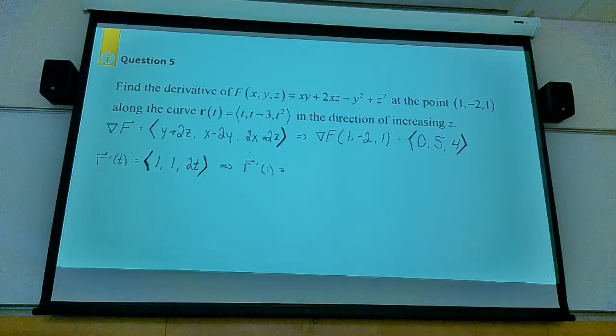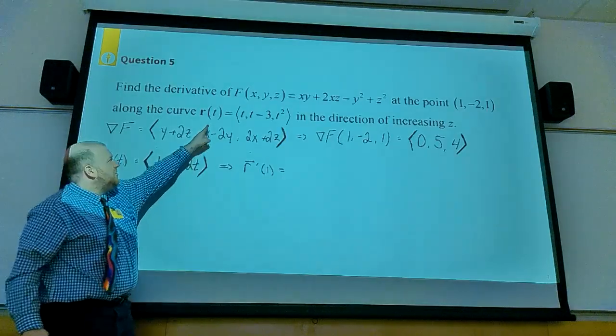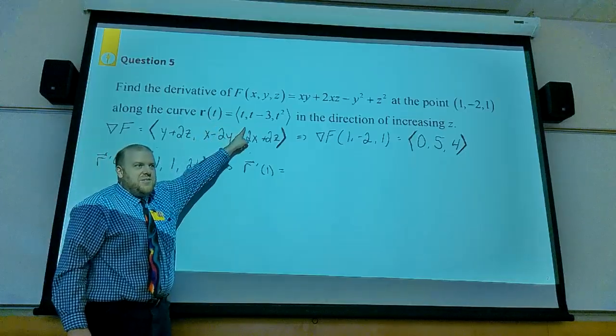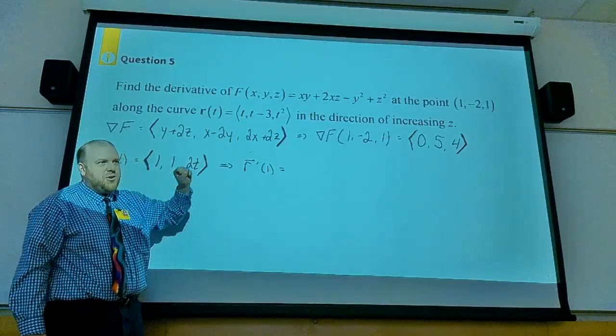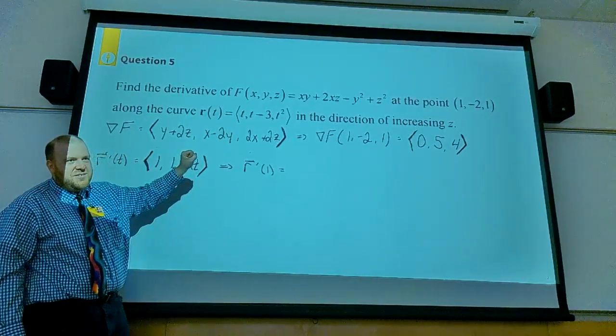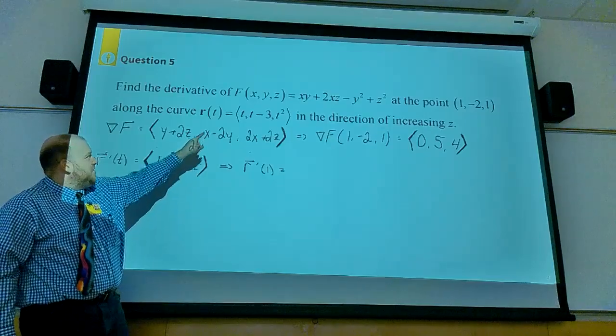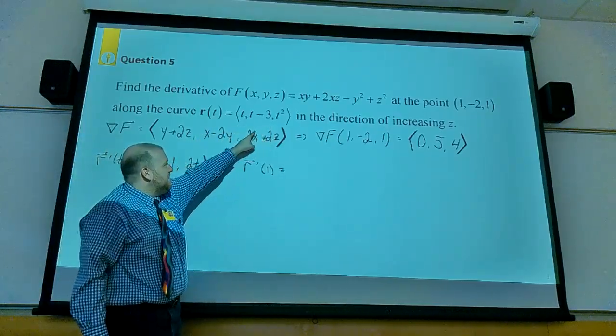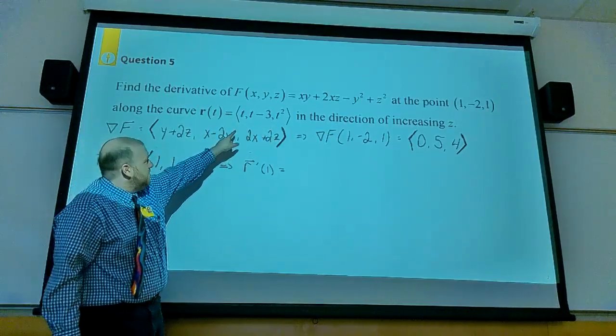What's the curve? R of t. What's the x component of R of t? t. T squared is the z component. It doesn't matter, you can look at any of them. t, right?